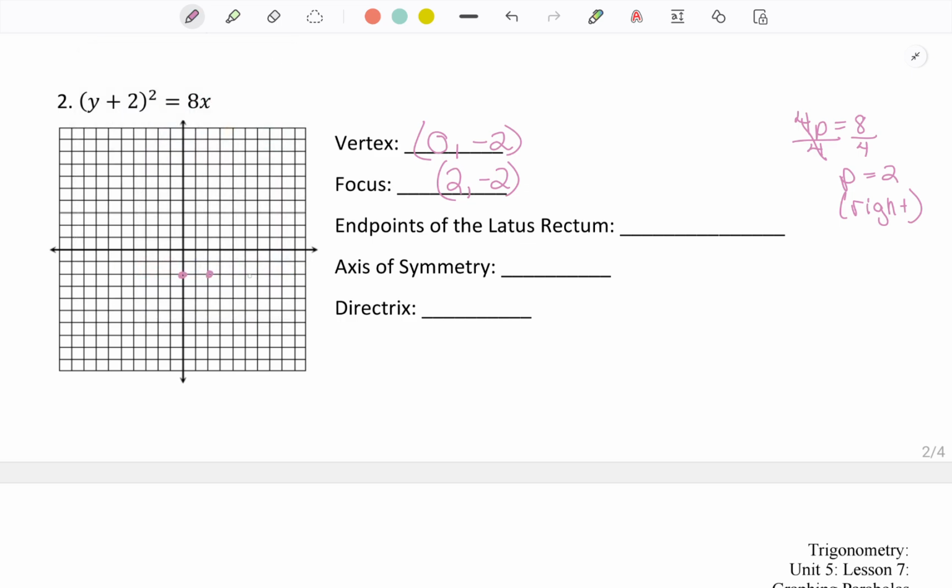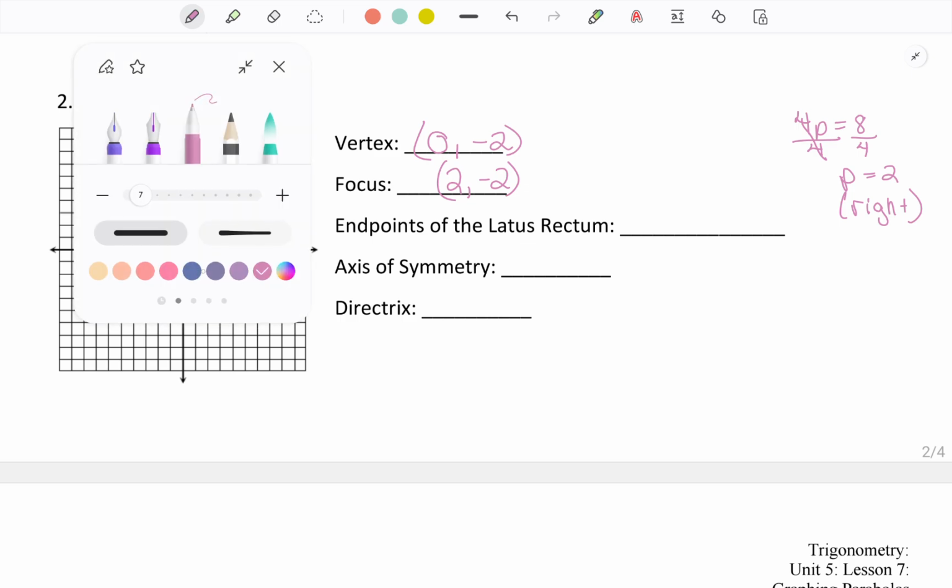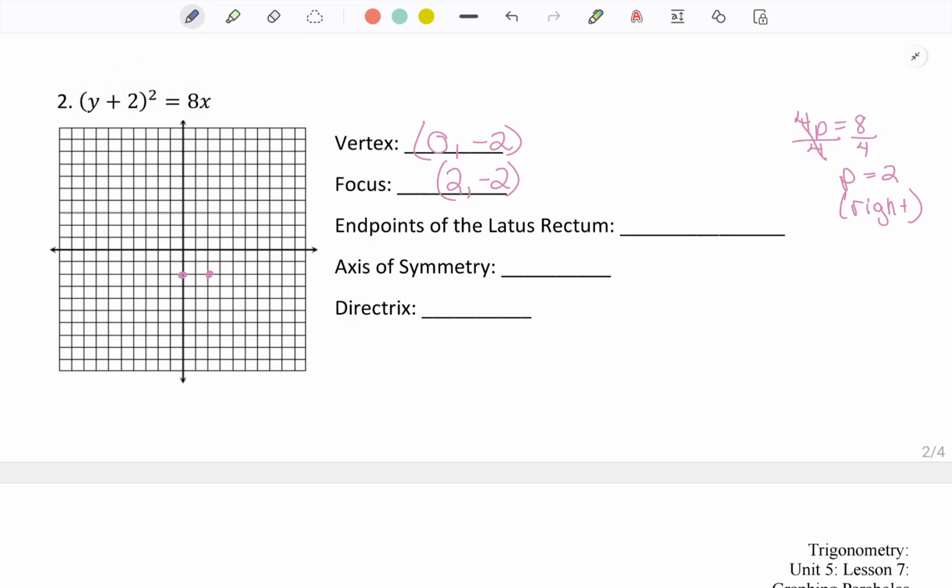And then the endpoints of our latus rectum, that is going to be 8 across, so 4 on each side. So 1, 2, 3, 4. 1, 2, 3, 4. And so the endpoints of your latus rectum are 2, 2. And then 2, -6.